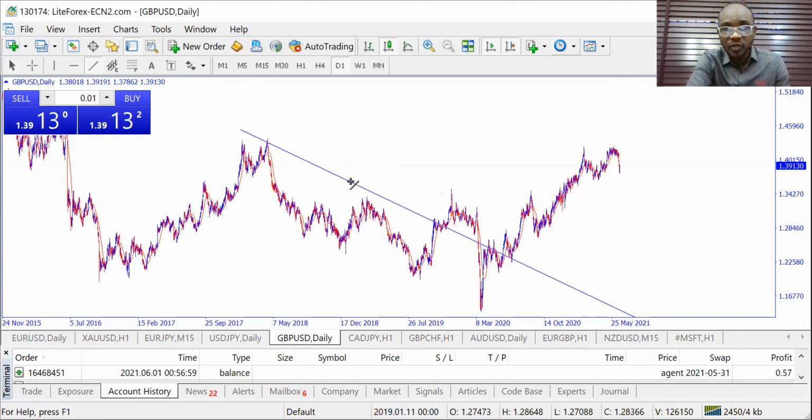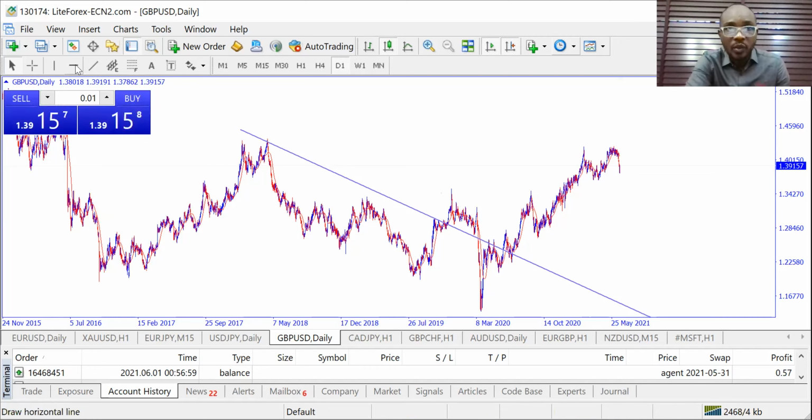If you had placed your trend line around here, it means that as soon as it broke out of this market and did a retest, it still came back down, but did another retest here again before it started going up.